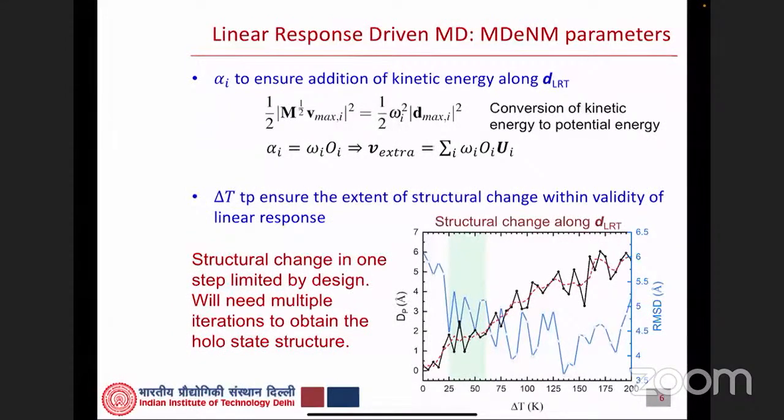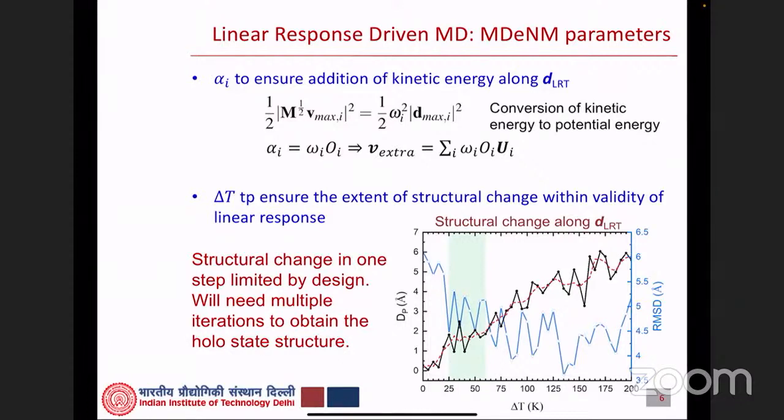If the stiffness is smaller, you get larger displacement; if the stiffness is larger, you get smaller displacement. Intuitively, it makes sense. Mathematically, this is the equation we use for conversion of kinetic energy to potential energy to find alpha i's, with this choice of alpha i, omega i times O i. O i was my overlap factor, so O i gives me the overlap of the response direction with any given normal mode.